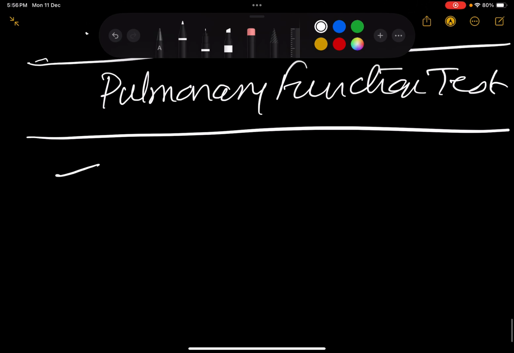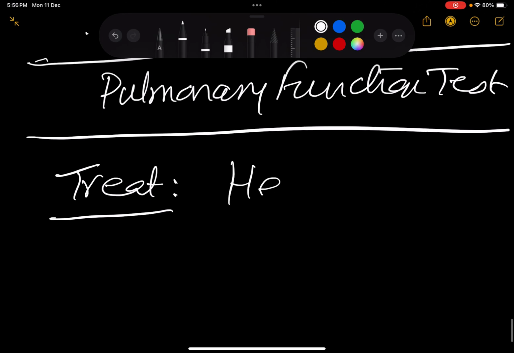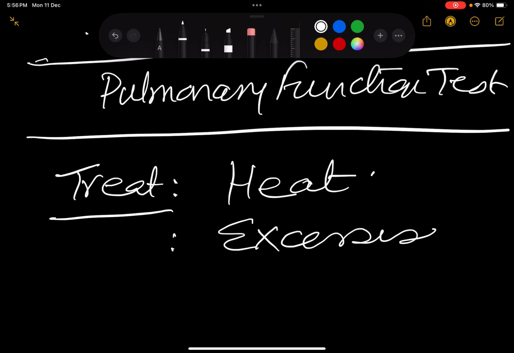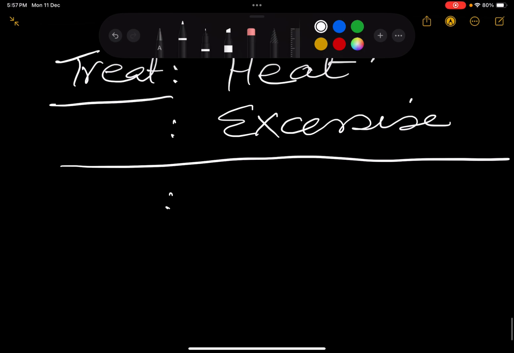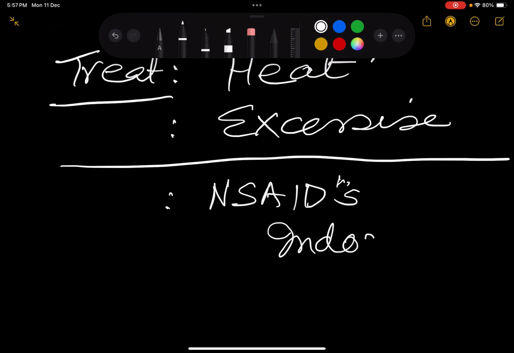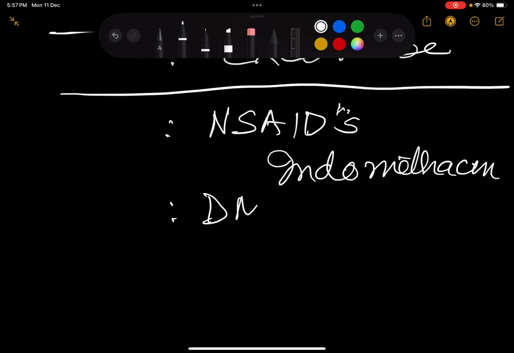Then how do you treat? The treatment is heat of the affected part, heat and exercise. Then to decrease the inflammation or protect the joints, you can give non-steroidal anti-inflammatory drugs. The most effective in this is indomethacin. Then the third level is you give what are called DMARDs, disease modifying anti-rheumatic drugs.